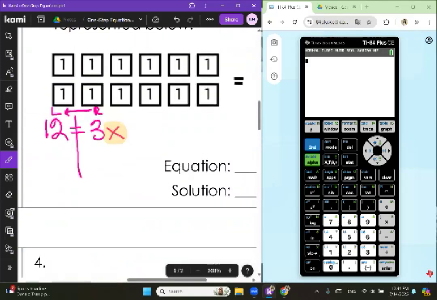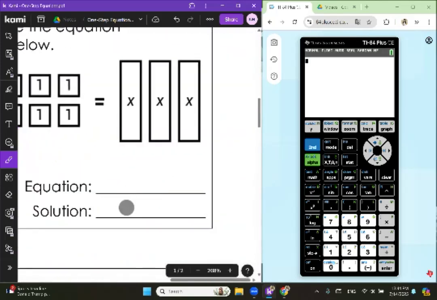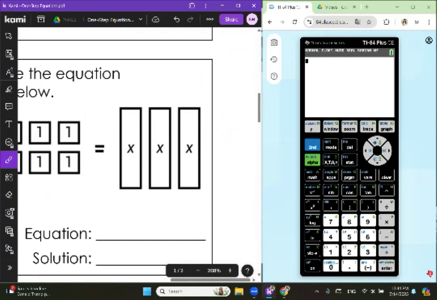Now, with that 3x, this is where we get confused. If it were plus, you would be able to physically see a plus sign between them, and you would see it as 3 plus x. So you change the plus to a minus. If it were minus, you would physically see with your eyes a minus sign in between them, and your minus would change to a plus.